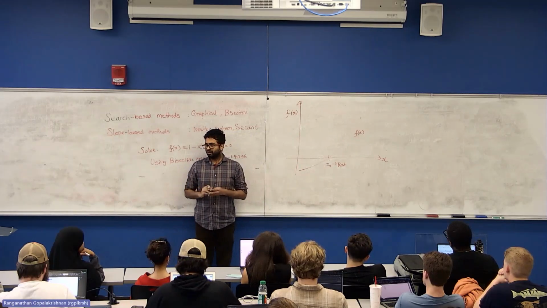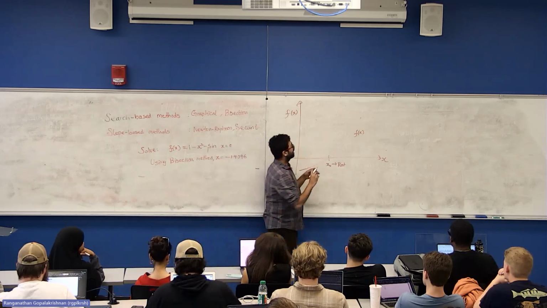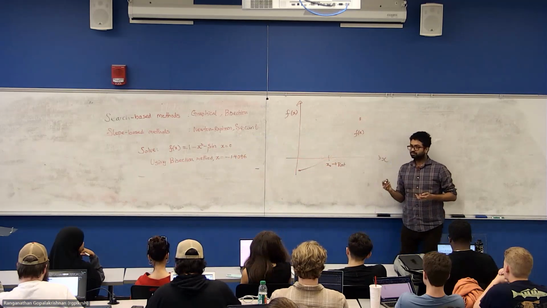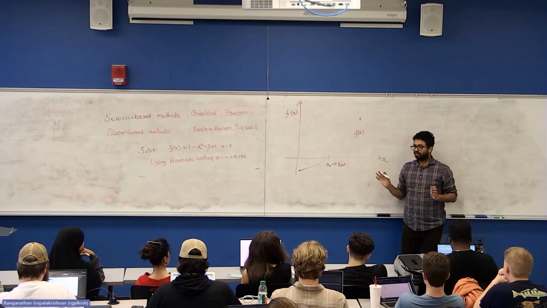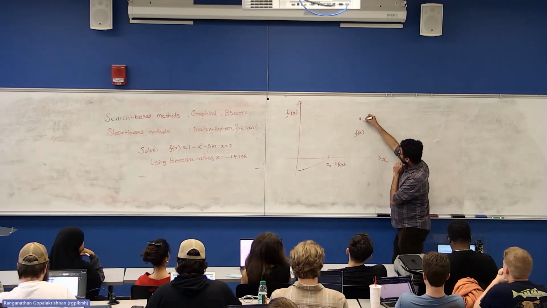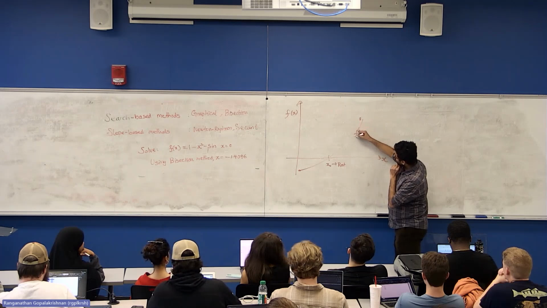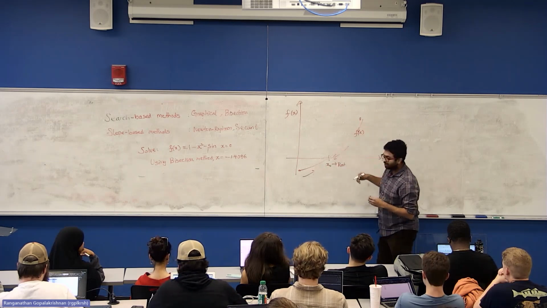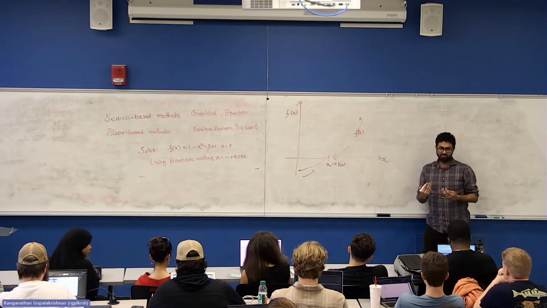You don't know whether relative to the root, your wild guess is over here or over here. Just a guess, any number, it doesn't matter. Okay. So our ultimate goal is to be able to come down or come up, as the case is, towards the root. The ultimate aim is to approach the root.